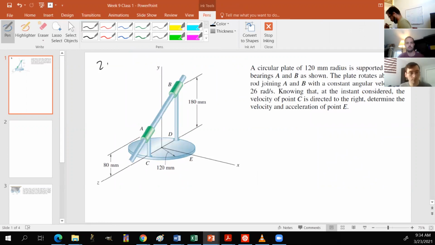We have a circular plate with a radius of 120 millimeters, supported by two bearings at A and B. The plate rotates about this rod, so basically these bearings let the plate rotate about the rod AB over here.